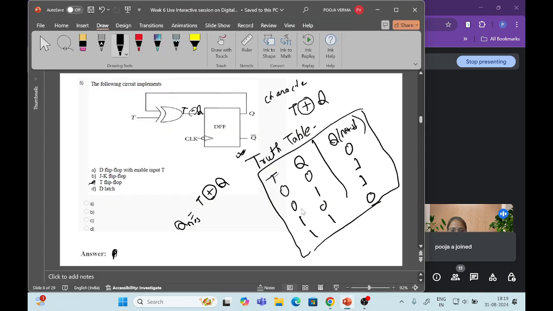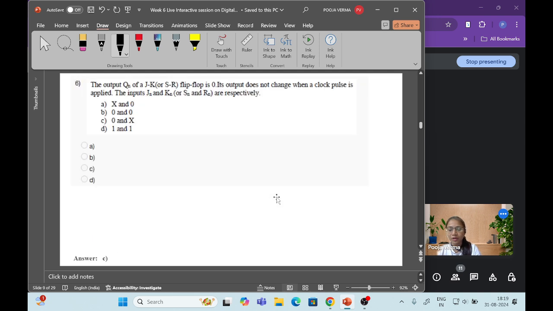Okay, I hope all of you are getting it. So, moving to the next question. The output Qn of a JK or SR flip-flop is 0. Its output does not change when a clock pulse is applied. Then the inputs Jn and Kn, or Sn and Rn, are respectively?